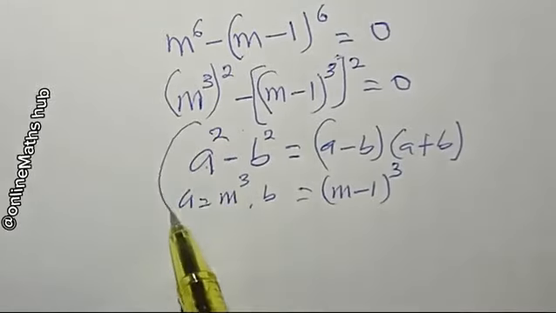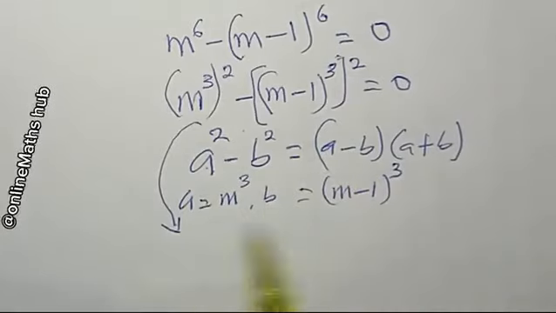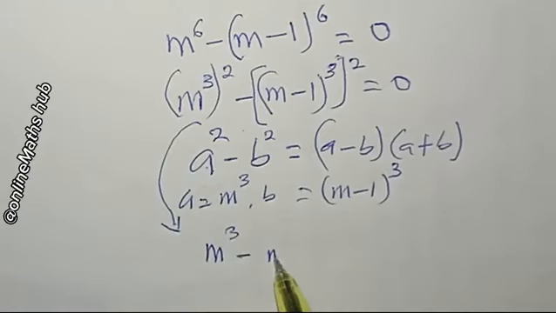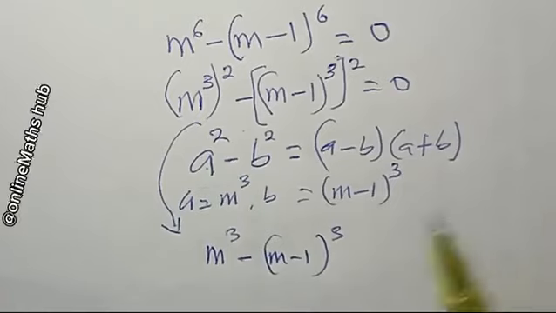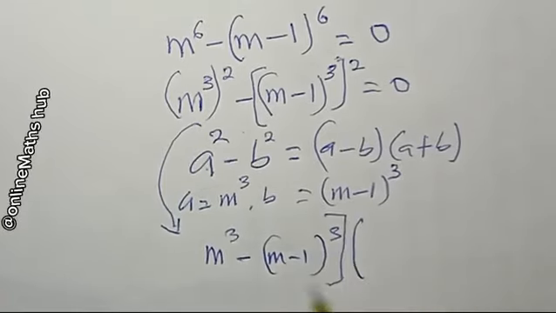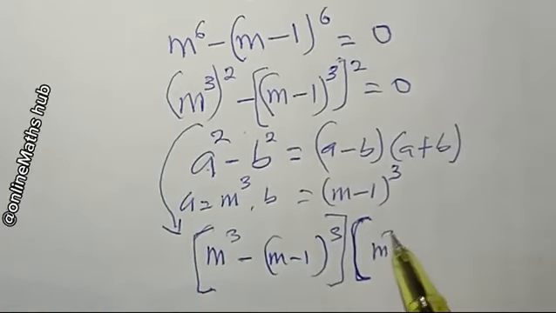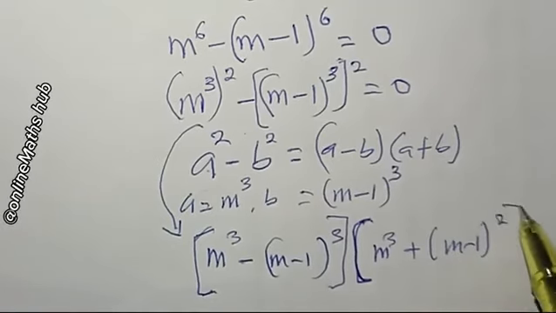Having written that, I can now go ahead to expand. A minus b here will be equal to m cubed minus (m minus 1) raised to power 3, all multiplied by a, which is m cubed plus (m minus 1) squared.